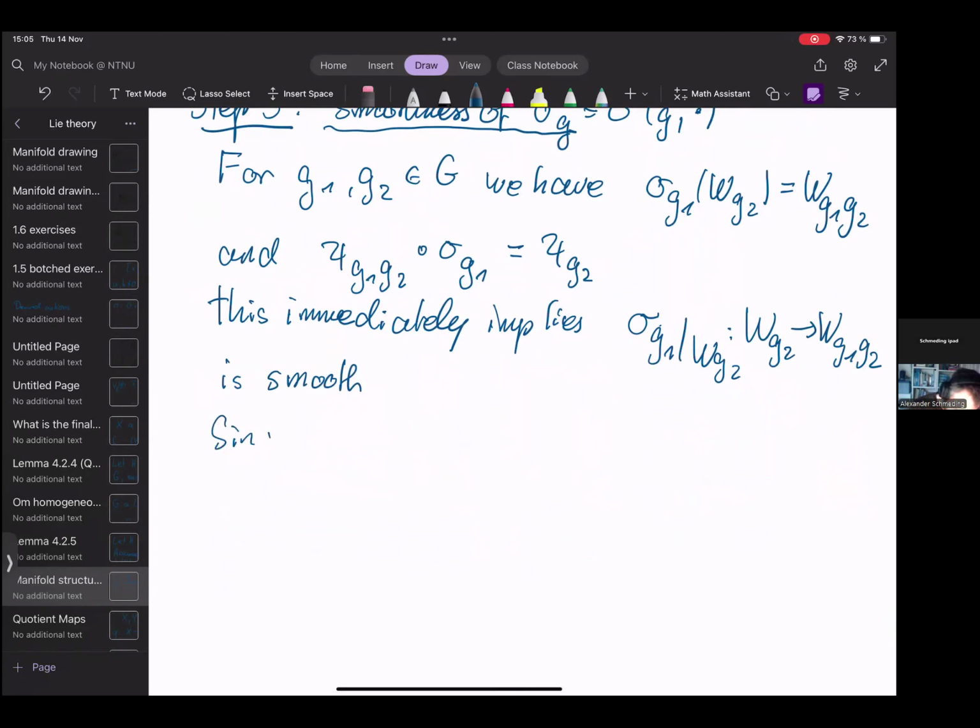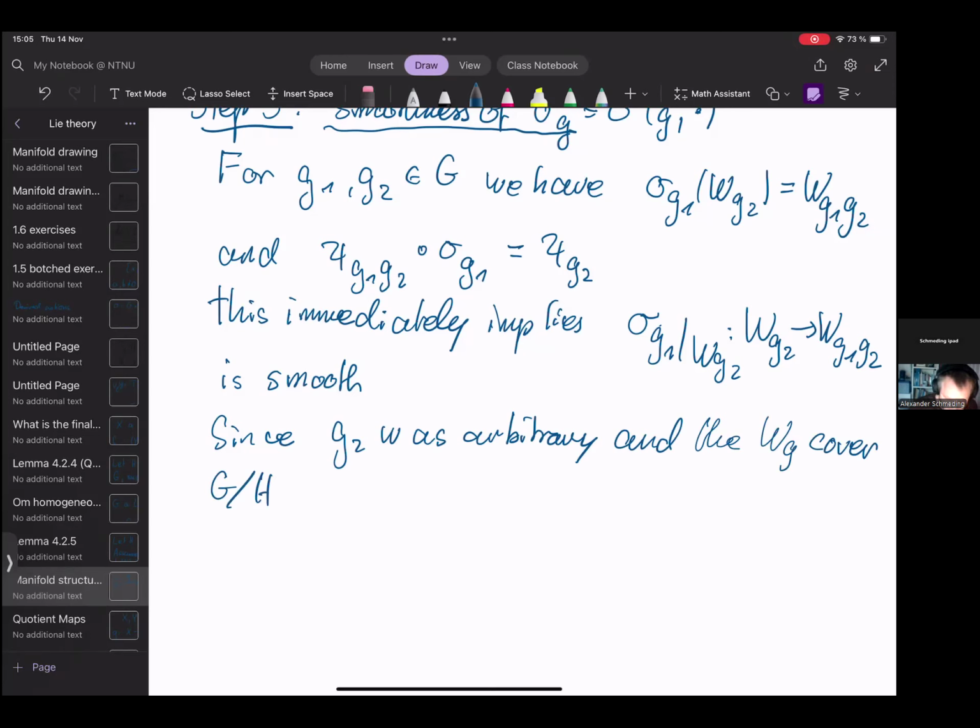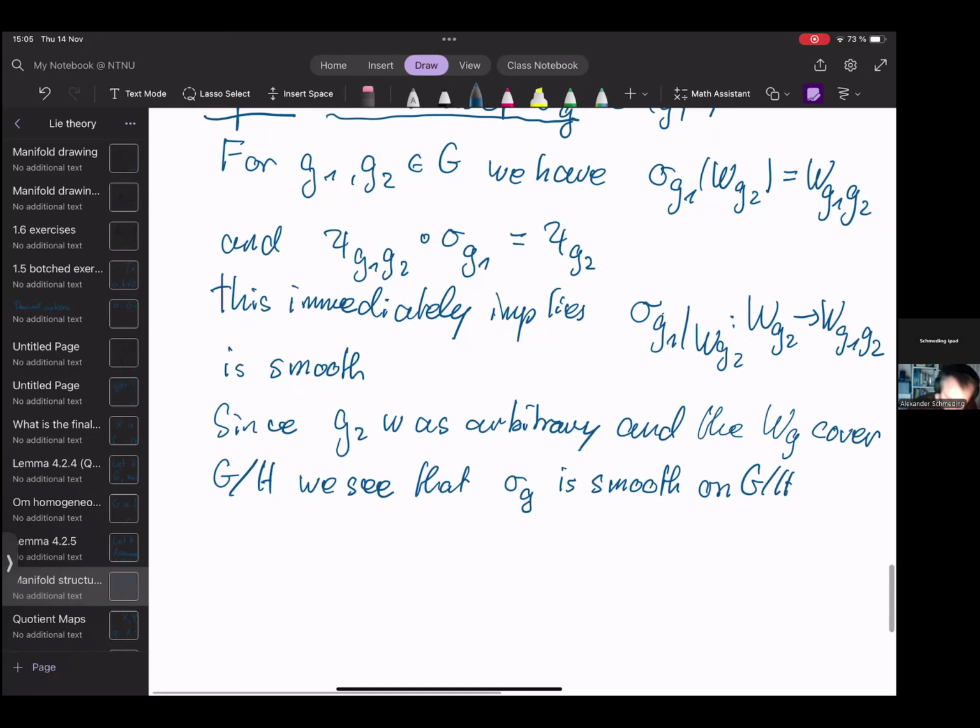So since G2 was arbitrary, and the WG cover the coset space, we see that sigma G is smooth on G mod H. And remember, we used this also when I said it was a homeomorphism.